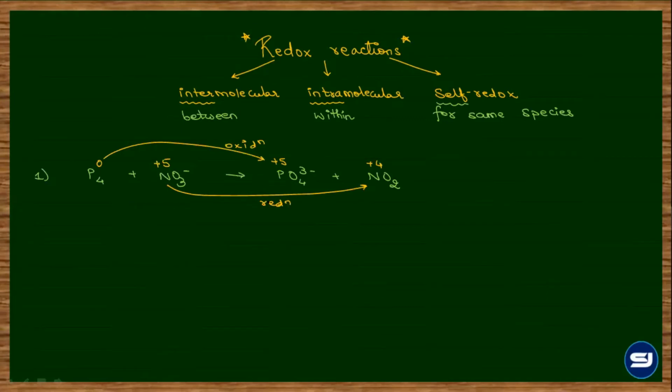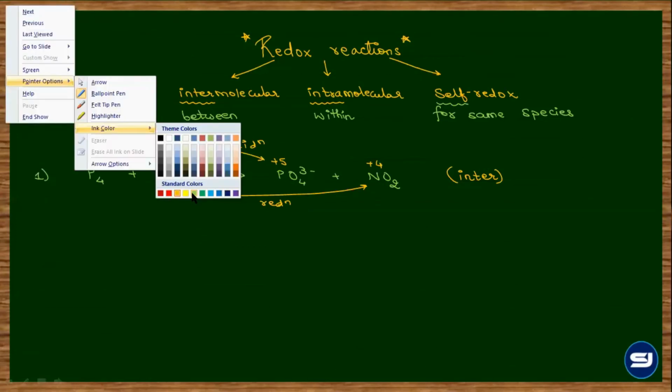So here the redox is happening between phosphorus and nitrogen. So if the redox is happening between different molecules in a reaction, it will be classified as inter redox reaction. Clear or not?